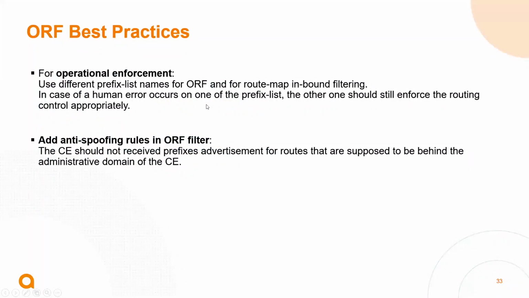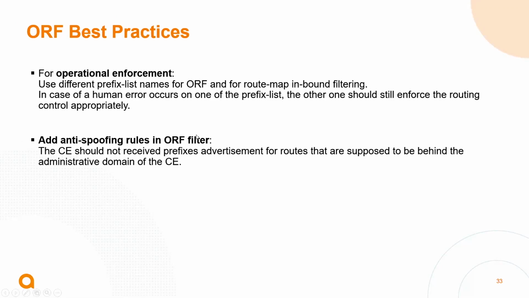As I mentioned before, we have the use case of filtering a large number of routes, but for enforcement, please use different prefix list names for ORF and the route map inbound filtering, so that if there is a human error on the prefix list used for inbound route map, it's unlikely to have the same human error on the prefix list used for outbound filtering. This is a way to enforce control of routing.